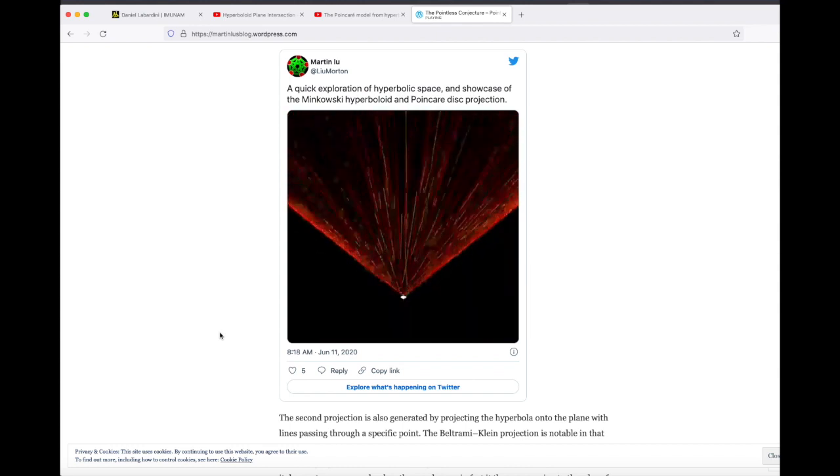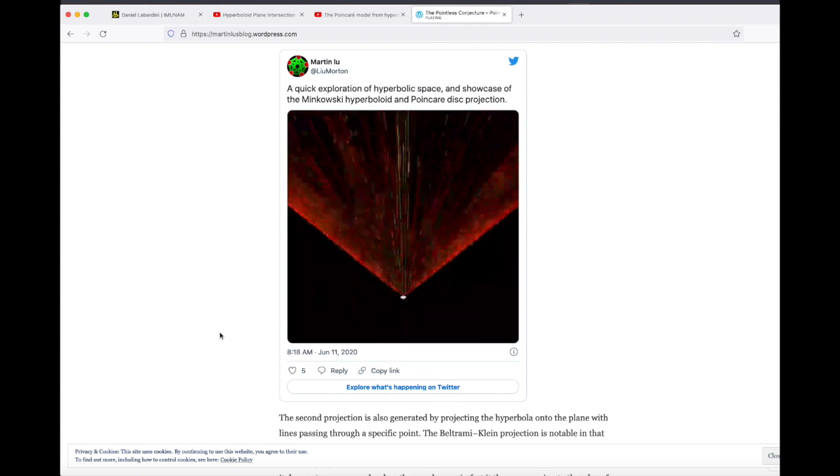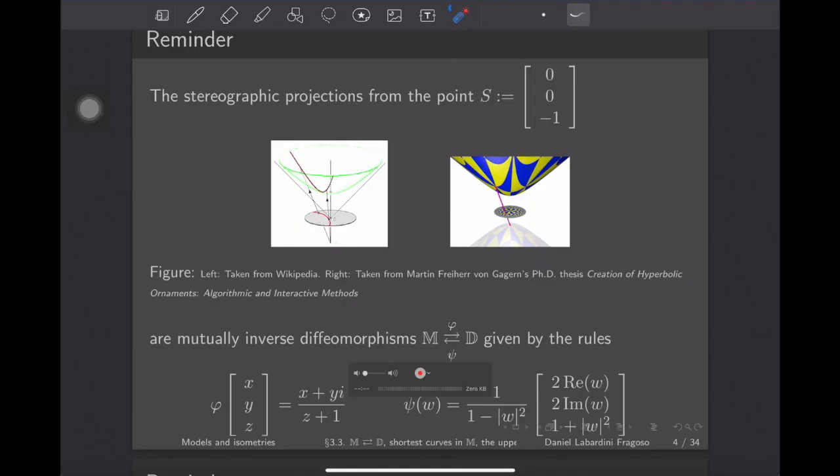Now it zoomed out, so not everything is very clear, but I think it's a very nice animation.